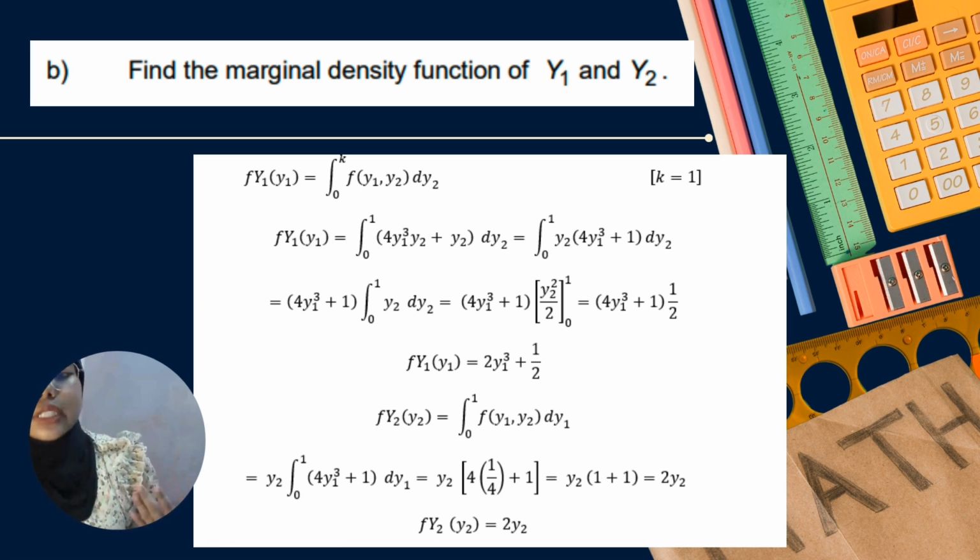For the marginal density of y2, you have to integrate from 0 to 1, f(y1, y2) with respect to y1. Then substitute f(y1, y2) into the equation and integrate normally, and the final answer for the marginal density of y2 is 2y2.